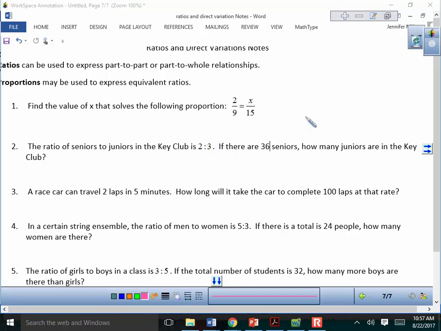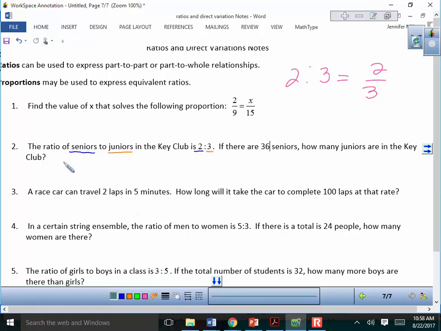Okay, so 2 to 3 is the same as 2 over 3. And it says the ratio of seniors to juniors. Okay, so seniors to juniors.